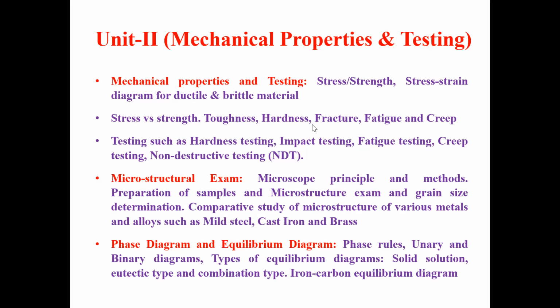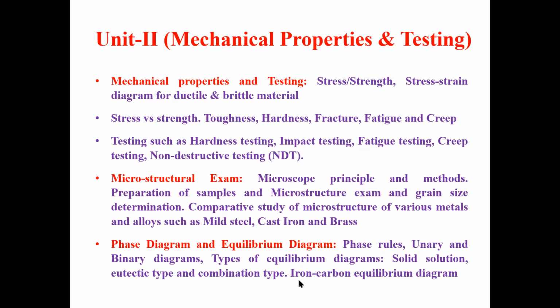And then in unit 3, we will go deeply into the iron carbon equilibrium diagram, while in this unit it is a little bit of the fundamentals to understand the phase rule, engineering binary diagrams, type of equilibrium diagrams, solid solutions, and some other terms.